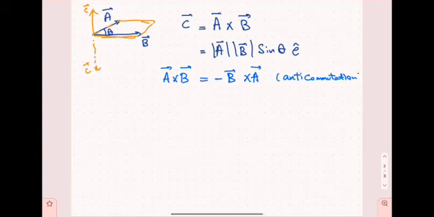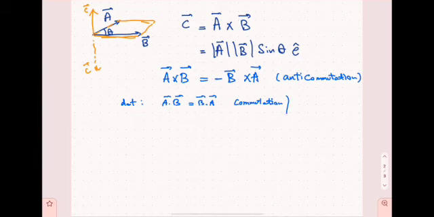We see here the difference as opposed to the dot product, where, if you remember, A dot B is equal to B dot A, and that means the dot product has the property of commutation.